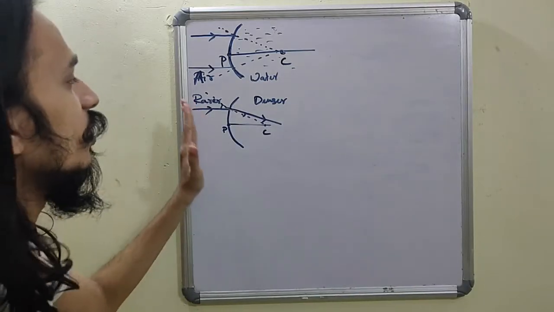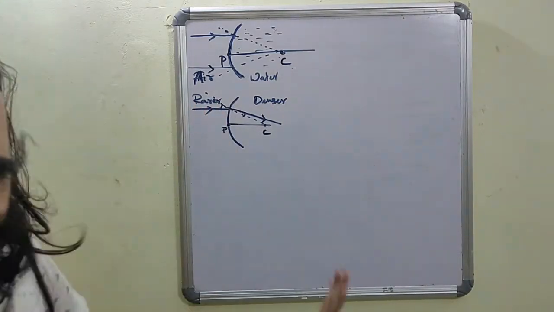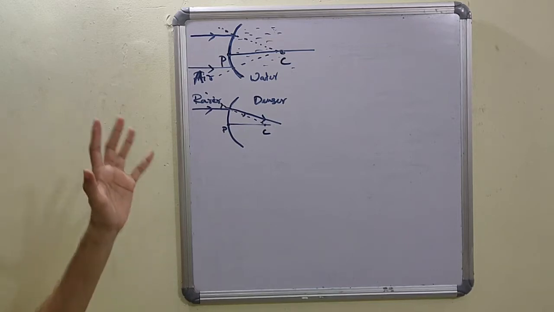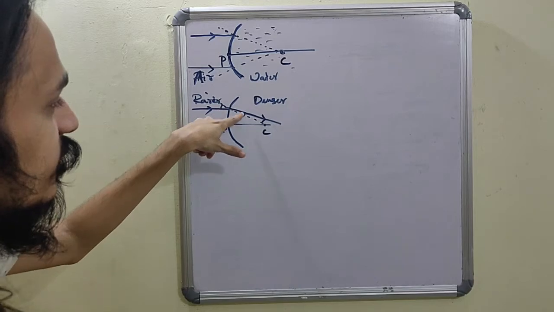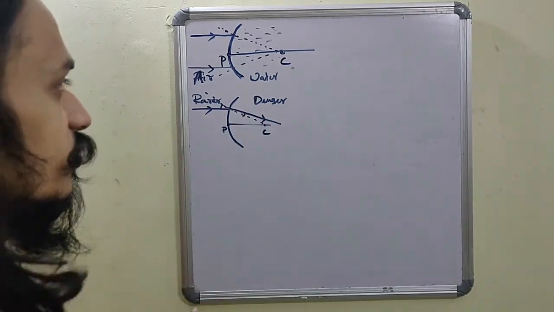So whenever light goes from rare to dense medium, that is what happens. The light is going to bend towards the normal. If you see, angle reduced means it's coming close to the normal.